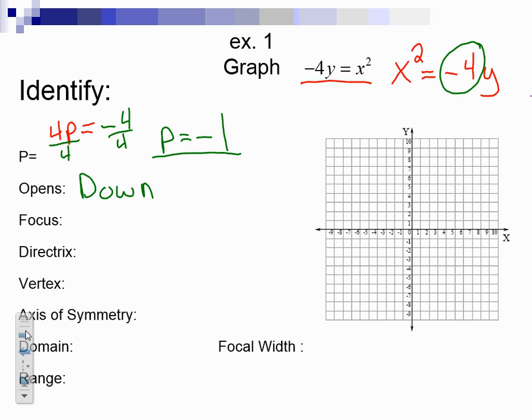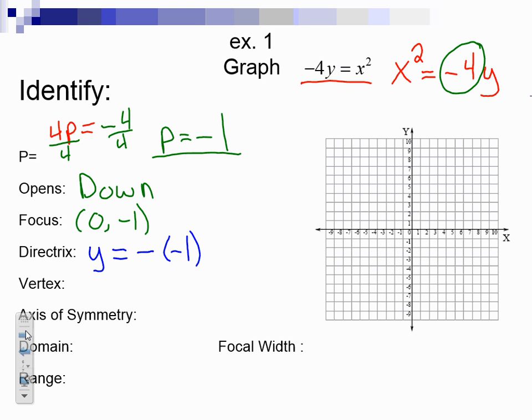Our focus, if you look back at that last bit of notes that we just wrote down, if it's going to open up or down, our focus is always going to be (0, p). And our p is -1. Our directrix is always going to be y equals the opposite of p.